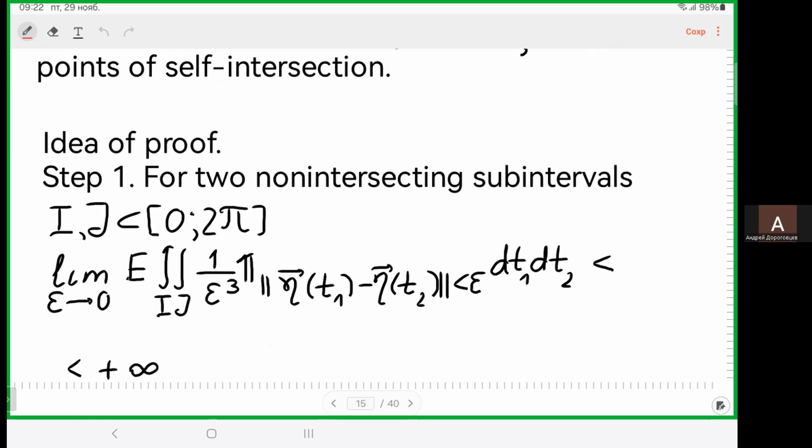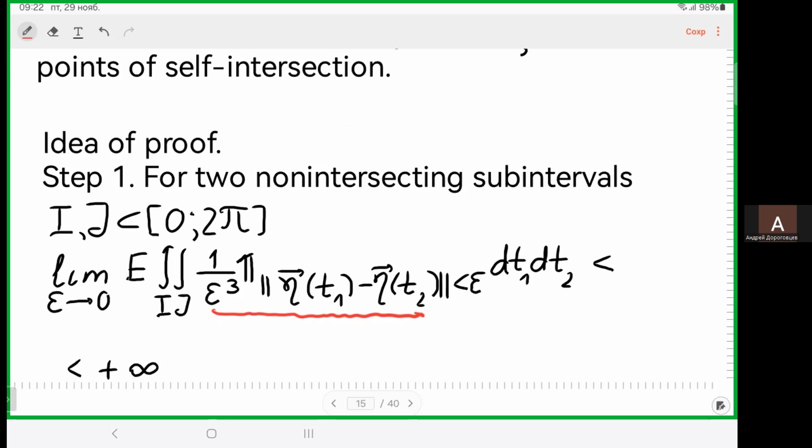How can one check it? Very easily. Because this expression, the indicator divided by epsilon to the power 3, approaches the delta function.